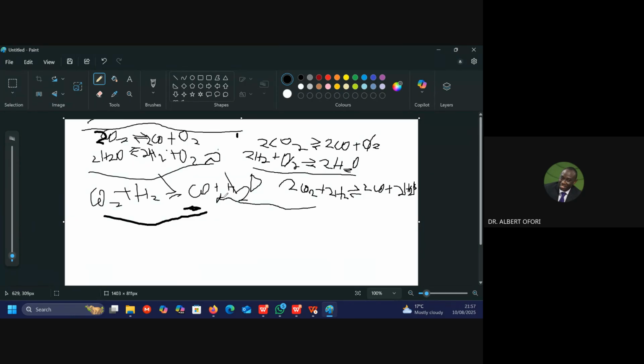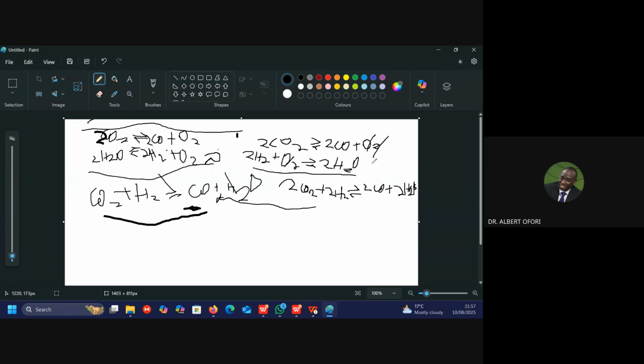It's just about summing equations. Otherwise, if it is just summing the equation, you sum it up like we have done here. You check the net equation and see whether one equation was reversed.